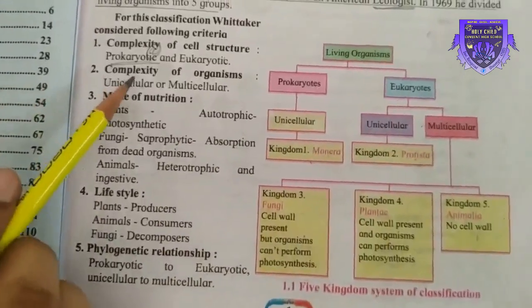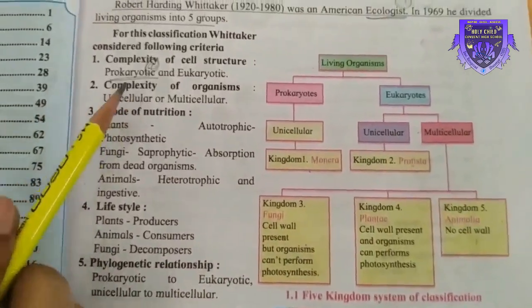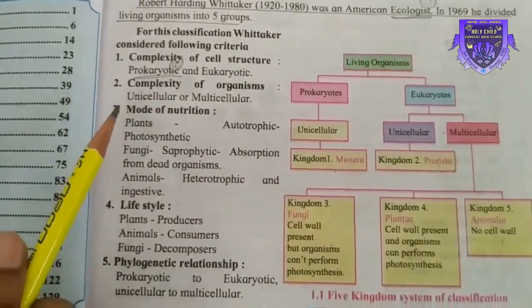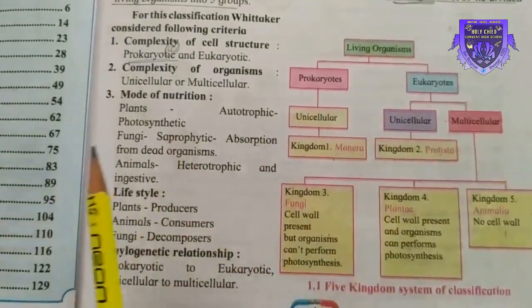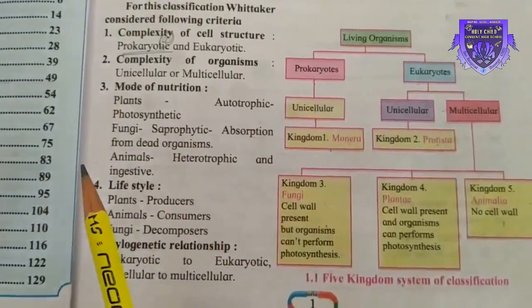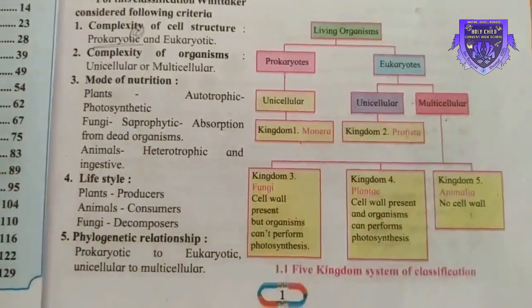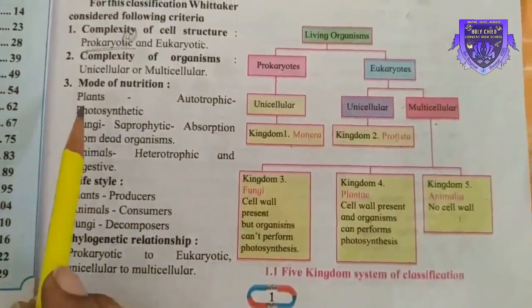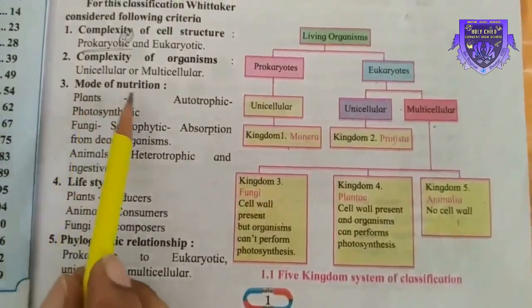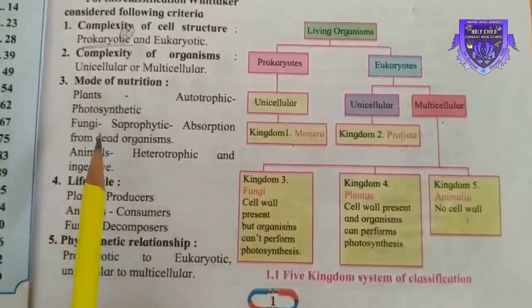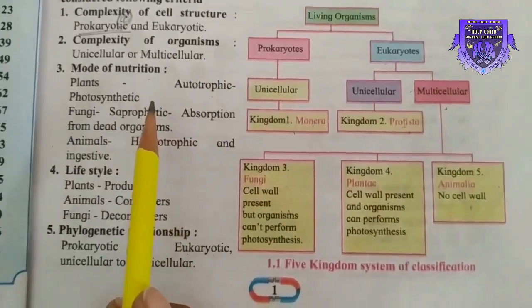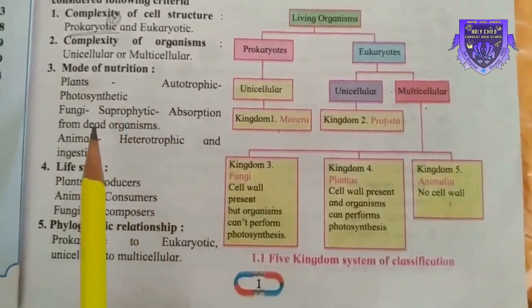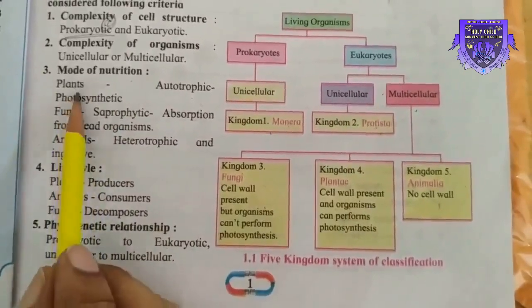Classification is also on the basis of complexity. If the organism is made up of a single cell, then it is unicellular, and if it is made of more than one cell, then it is multicellular. Further base of classification is mode of nutrition. Some are autotrophic, means they make or synthesize their own food within themselves, like the green plants.